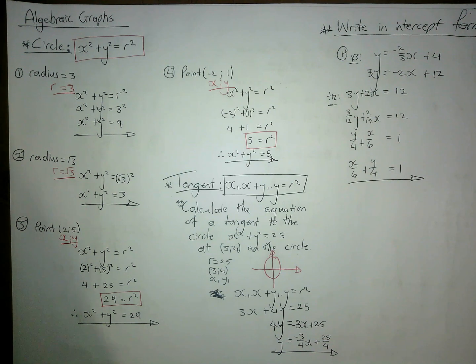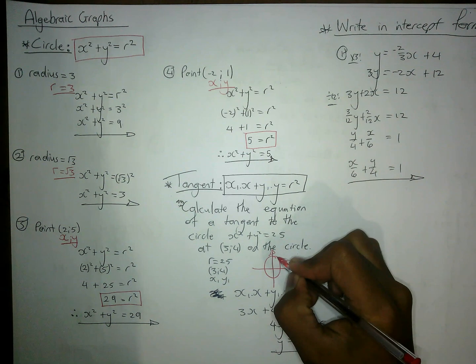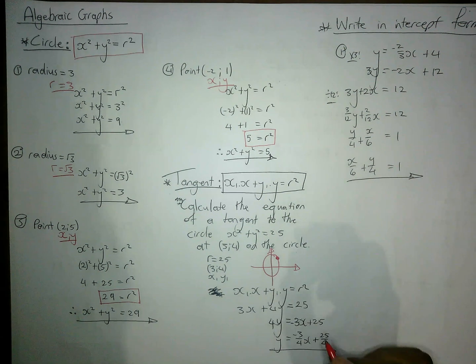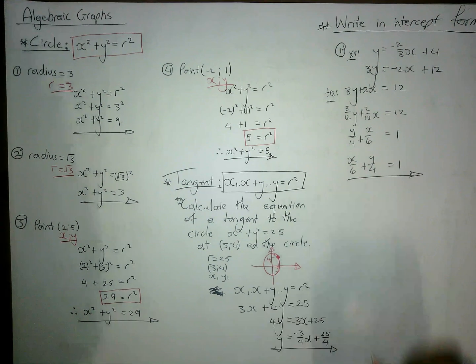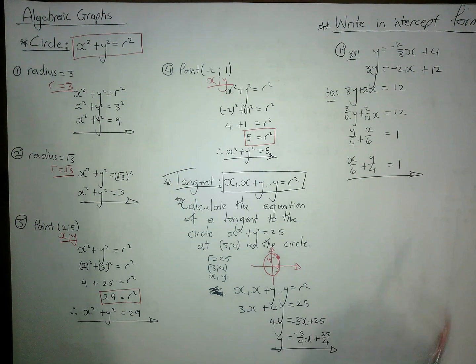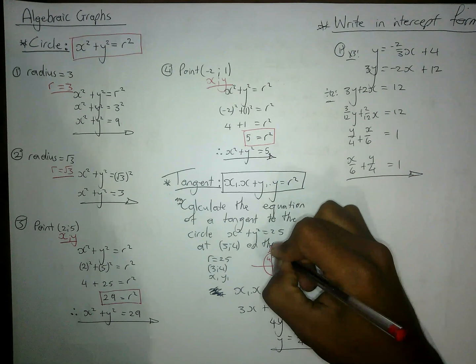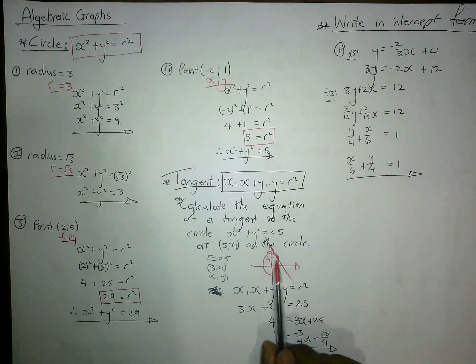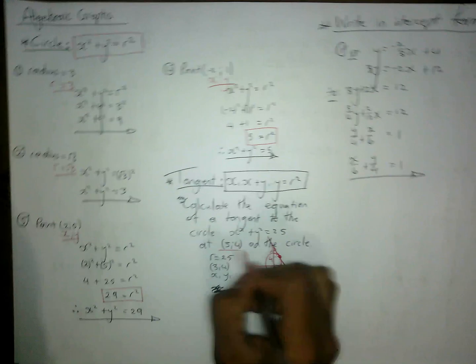Let us say they're saying at positive 3, it's there. So here is our 4, that's our 3. Then they are saying that there is a tangent to our circle, meaning there is a line that passes through this point on the circle, at this coordinate here.